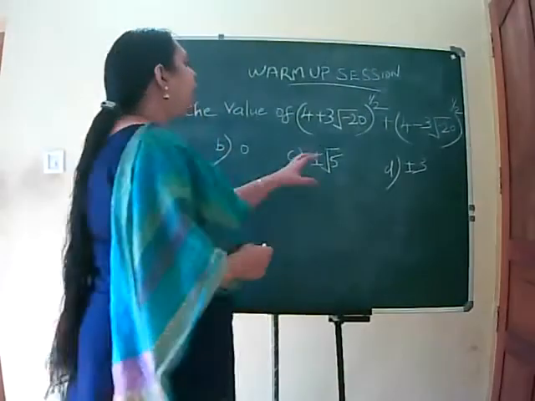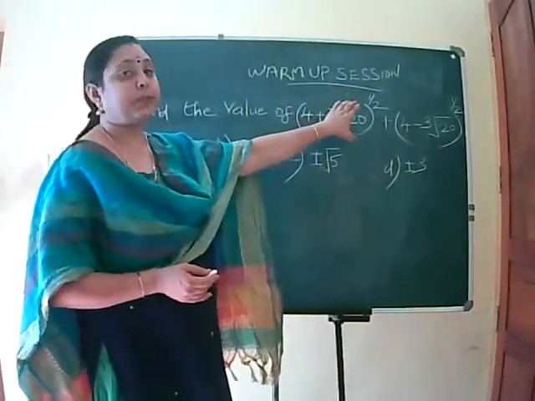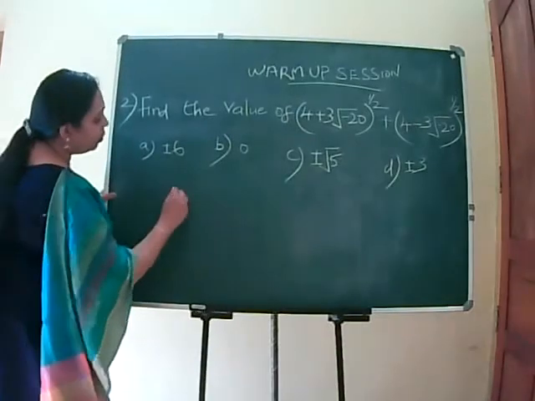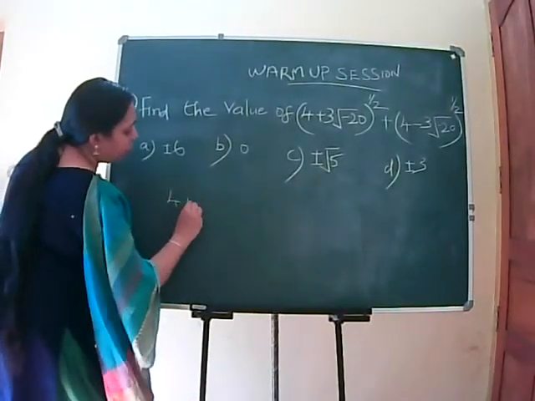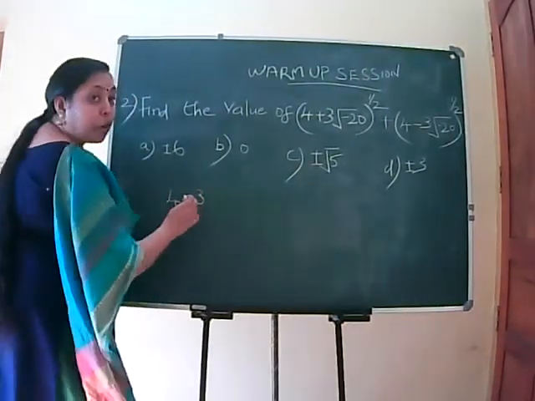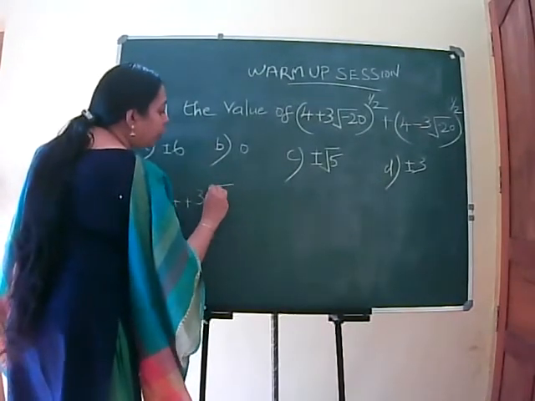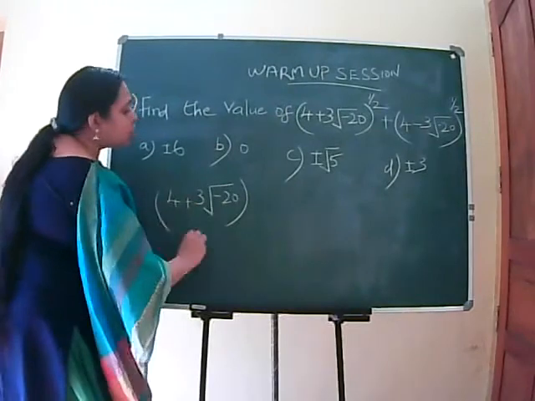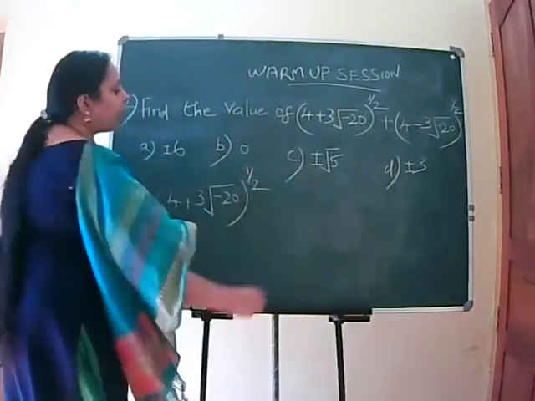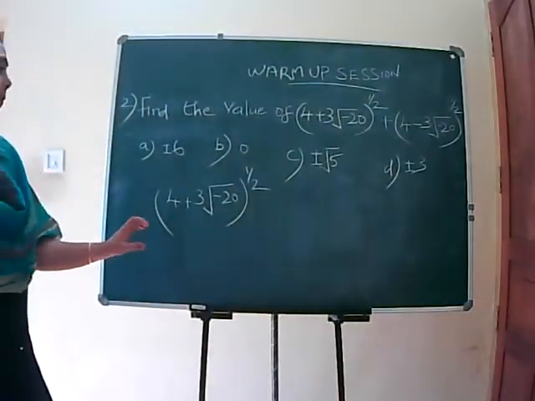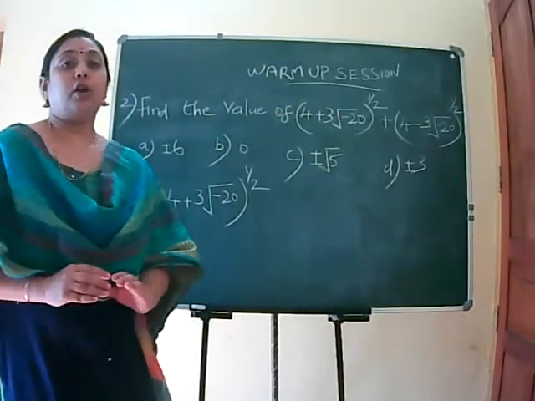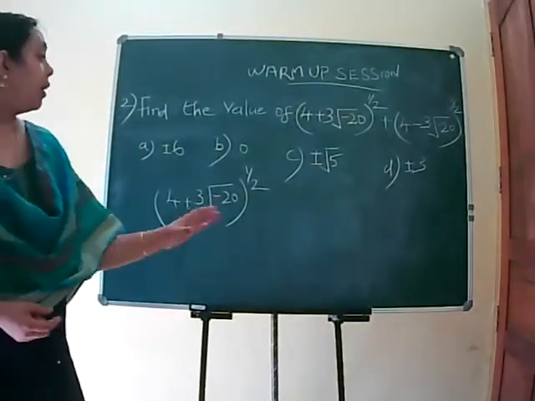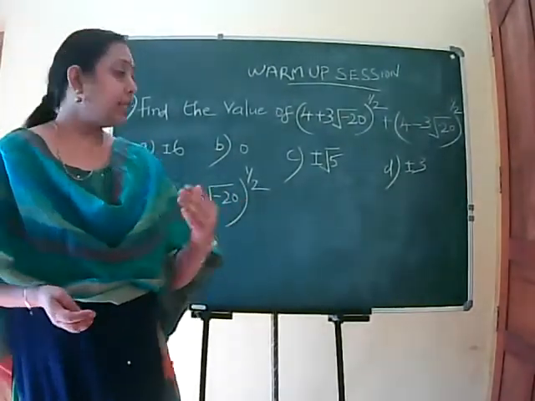First of all, take only this expression, that is, (4 plus 3 times square root of minus 20) the whole raised to half. First of all, we have to bring this expression into the standard form.